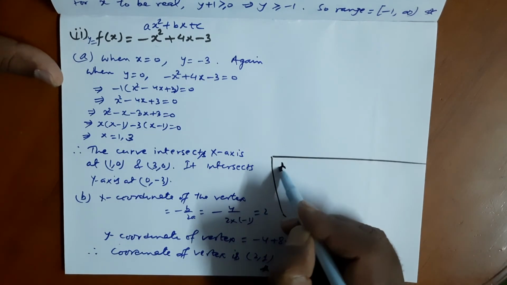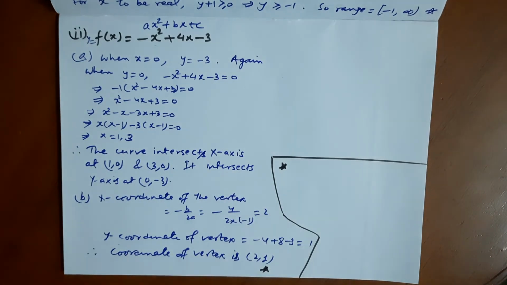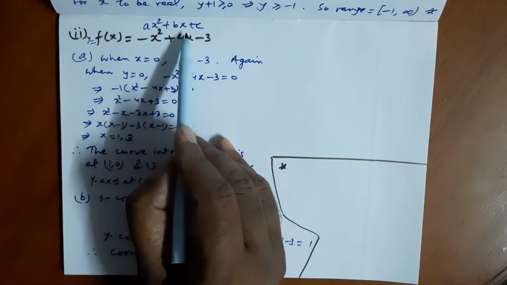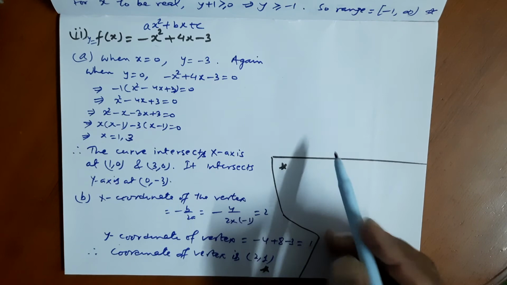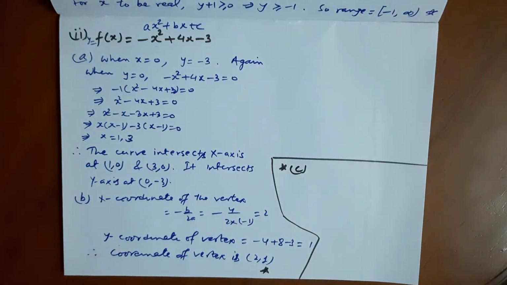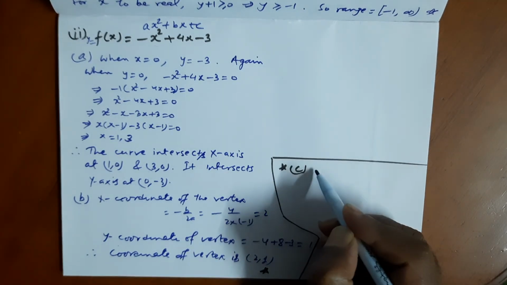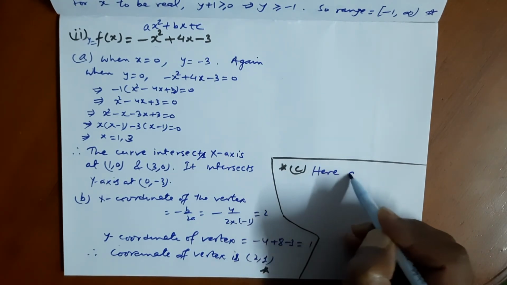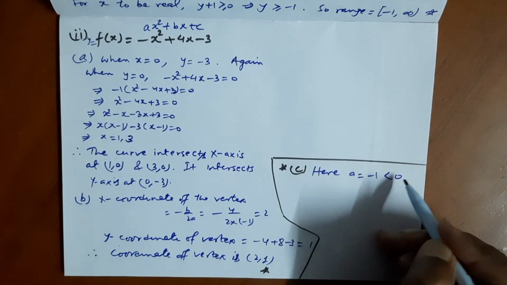Next thing I want to mention here is, if you compare this equation with ax square plus bx plus c, then a equals to minus 1. Here a equals to minus 1, which is lesser than 0.